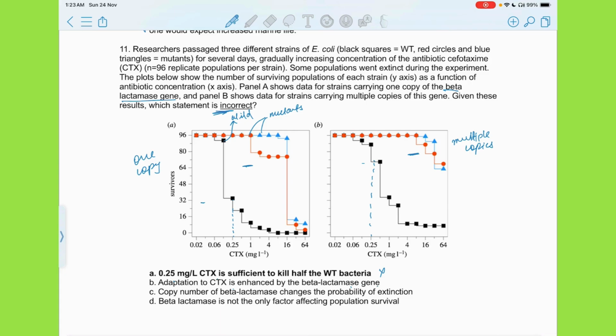Yes, because in these three strains, in both cases, the survival rates are different. So this is not supported by only the beta lactamase, but also several factors acting upon it. So the incorrect option is option number A.